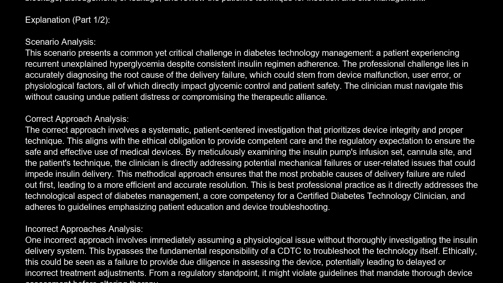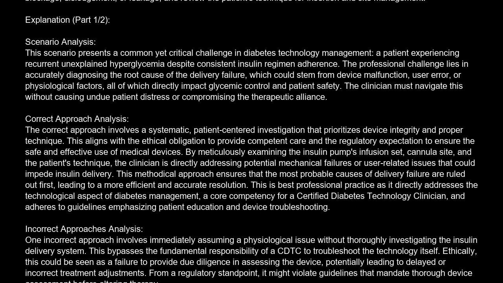Correct approach analysis. The correct approach involves a systematic, patient-centered investigation that prioritizes device integrity and proper technique. This aligns with the ethical obligation to provide competent care and the regulatory expectation to ensure the safe and effective use of medical devices. By meticulously examining the insulin pump's infusion set, cannula site, and the patient's technique, the clinician is directly addressing potential mechanical failures or user-related issues that could impede insulin delivery.